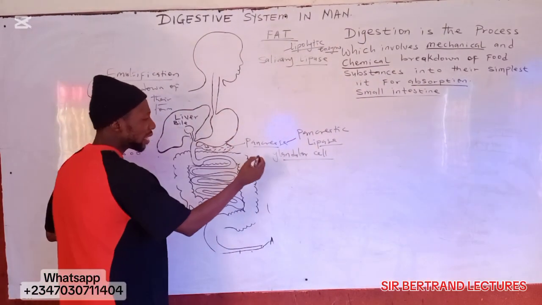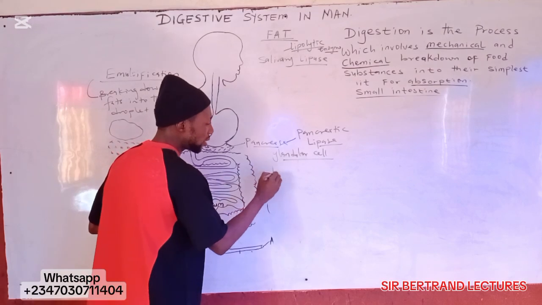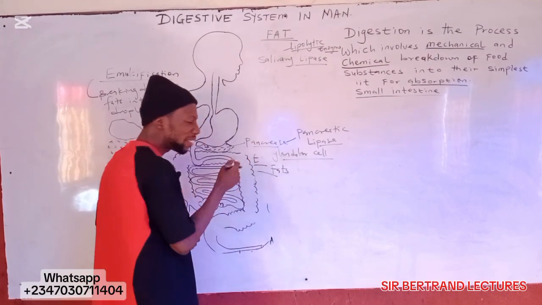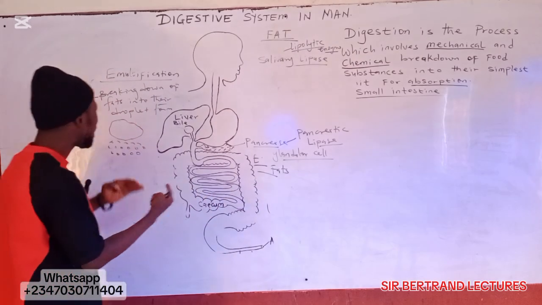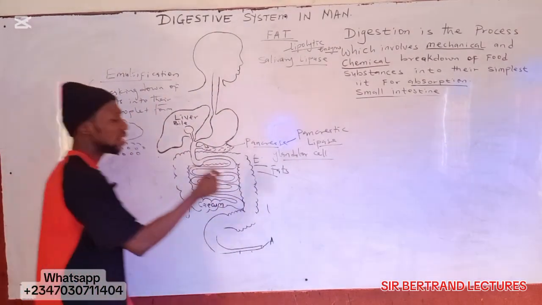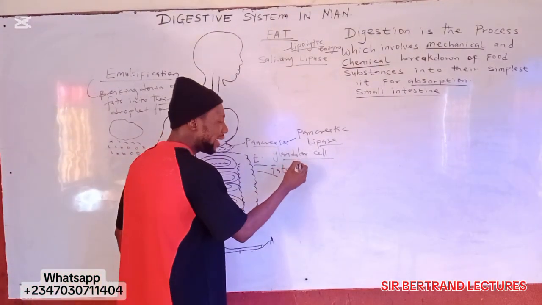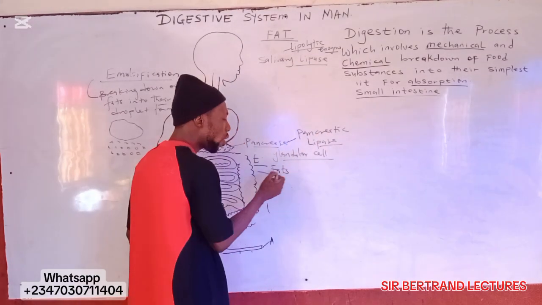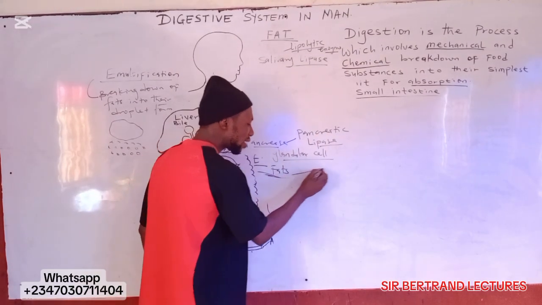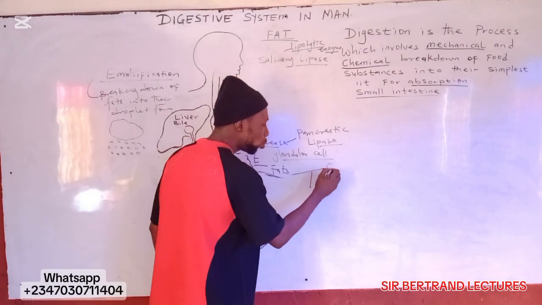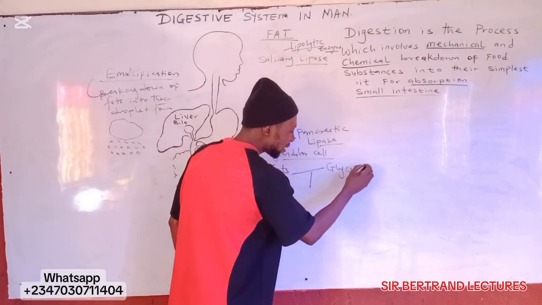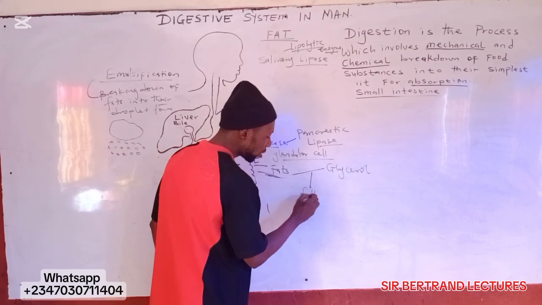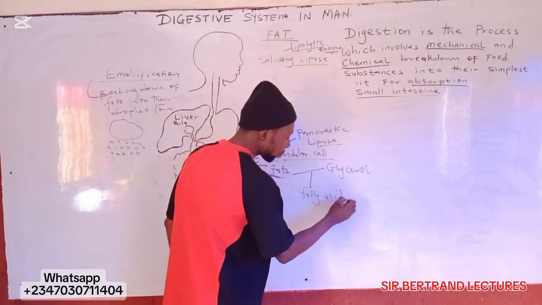This fat here, that has been emulsified by bile, will be acted upon by the intestinal lipase and the pancreatic lipase and converted into glycerol and fatty acid.